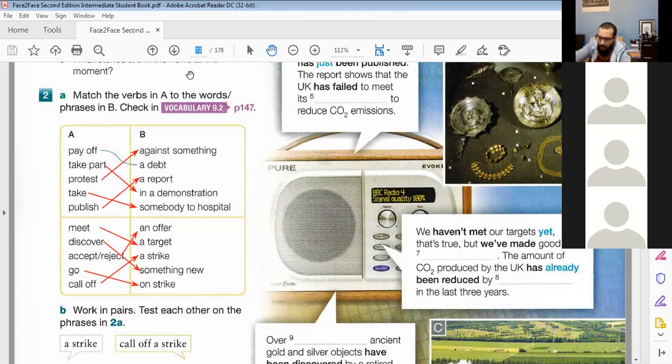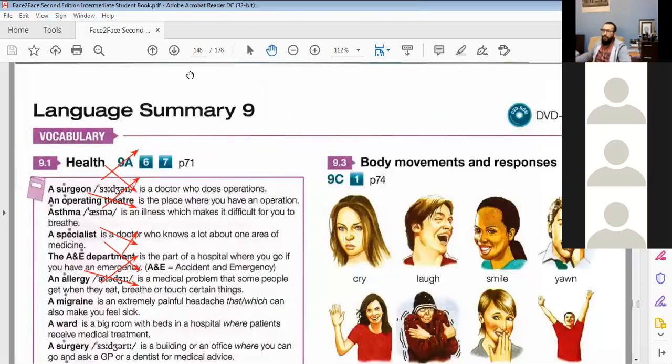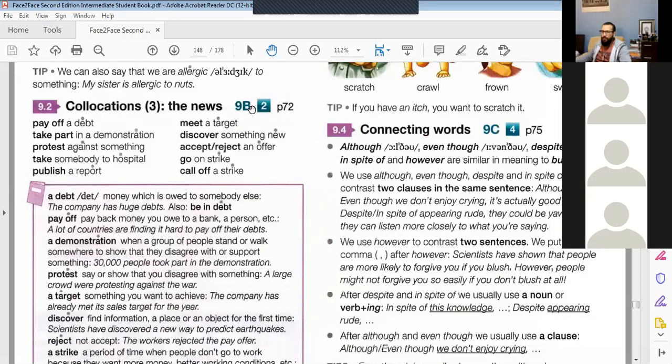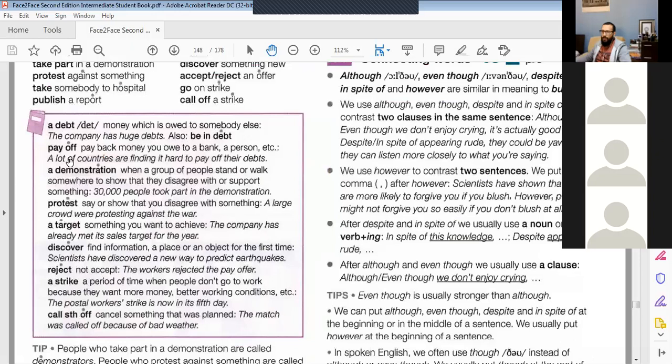So let's take a quick look at the meanings first. Okay, so we have debt. What does debt mean in Arabic? ديون ولا؟ Yes. Dain or diyun, correct.